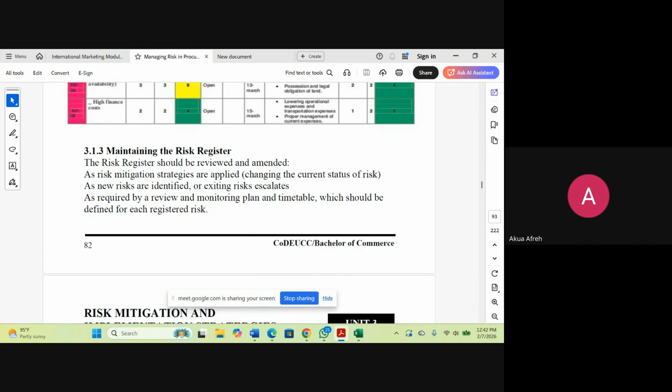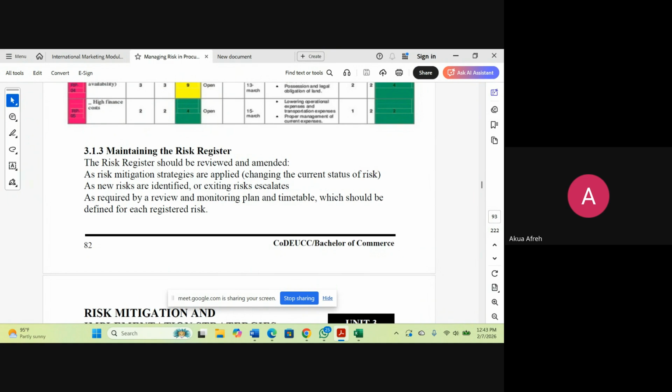Monthly or quarterly, you need to review the risk, then you update them. Update them when there are any changes in the environment. And as you have updated them, you know that risk mitigation strategies need to be applied because the current status of a risk has changed.